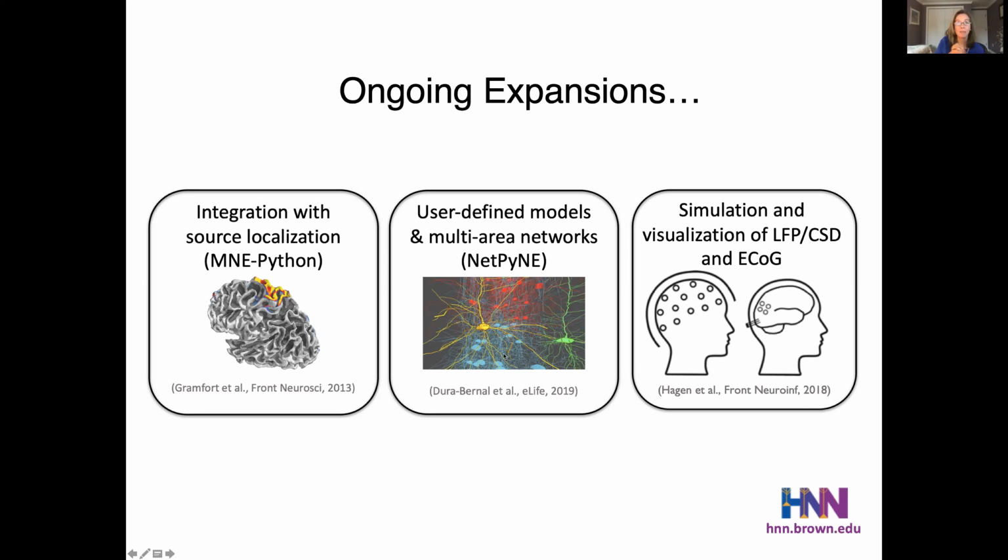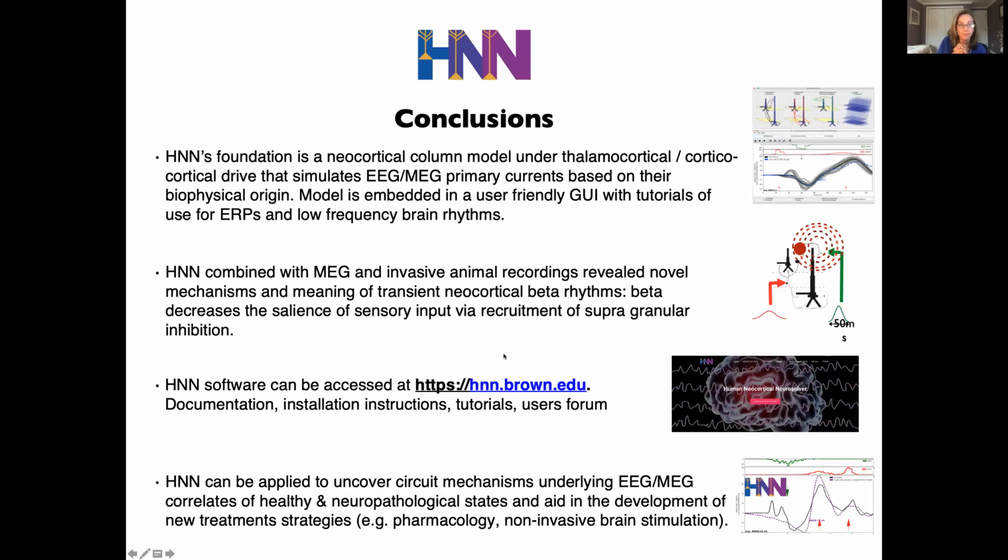And so that brings me to my conclusion. I've showed you that HNN's foundation is a neocortical column model under thalamocortical and cortical drive. It simulates the primary currents underlying EEG and MEG signals based on their biophysical origin. We've embedded this complicated model in a user-friendly graphical user interface, and we have tutorials for how to study ERPs and low-frequency brain rhythms.